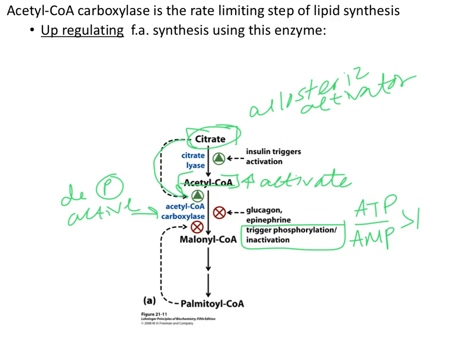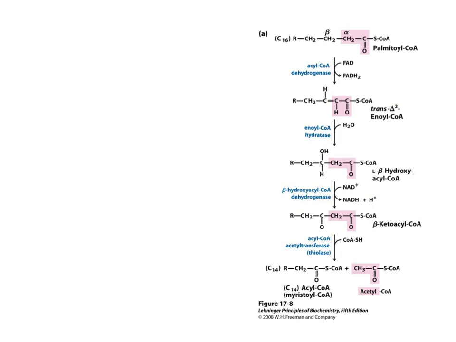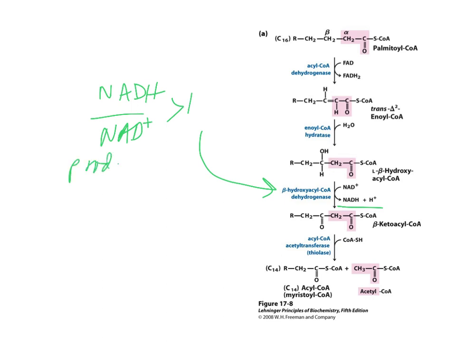Okay, and last but not least is oxidation. So beta oxidation, this one's fairly straightforward. So this step right here in beta oxidation that makes NADH will be inhibited by high concentration of NADH. So NADH to NAD plus, when that is greater than 1, that is product inhibition.